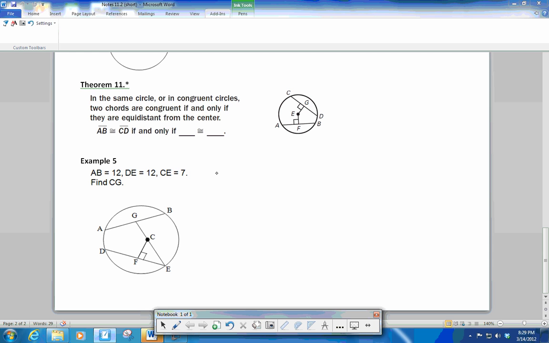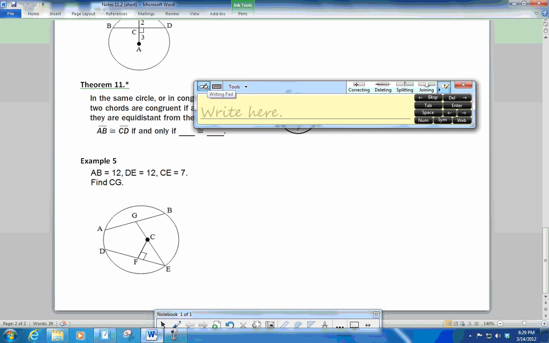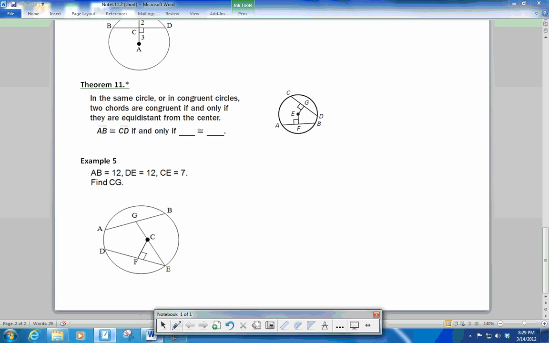It says theorem 11 point asterisk. If in the same circle or in congruent circles, two chords are congruent, so chord AB is congruent to chord CD, if and only if they are equidistant from the center.